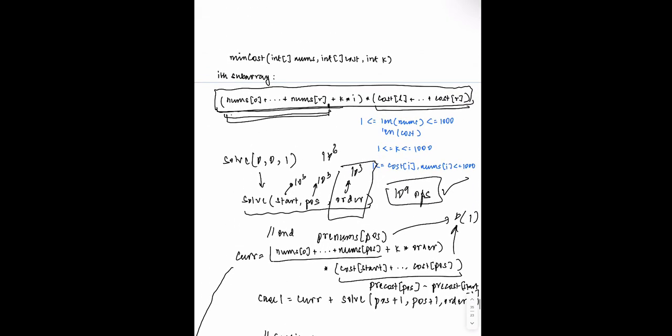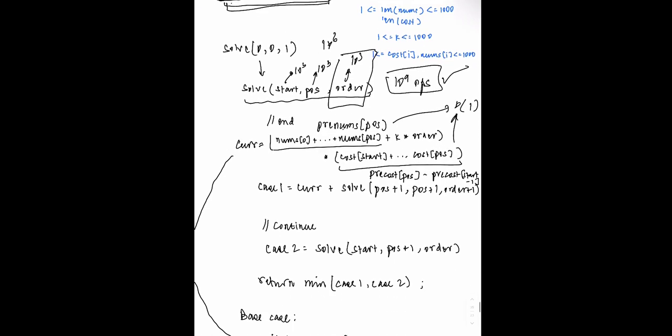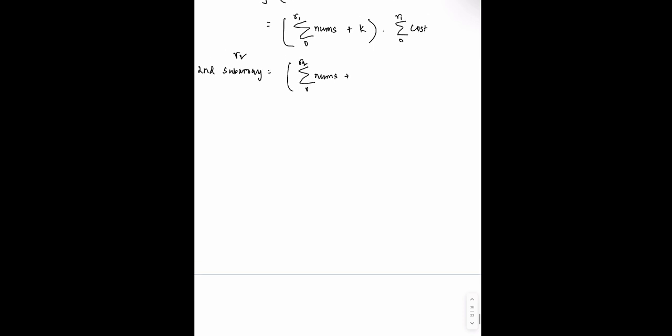In this case, it's the prefix. So it starts from 0 to R every time. So if you end a subarray at R, the total cost will be from nums 0 to nums R plus k into I, and then the summation of the cost of that range. In this case, it'll be 2k. So I in this case is 2.